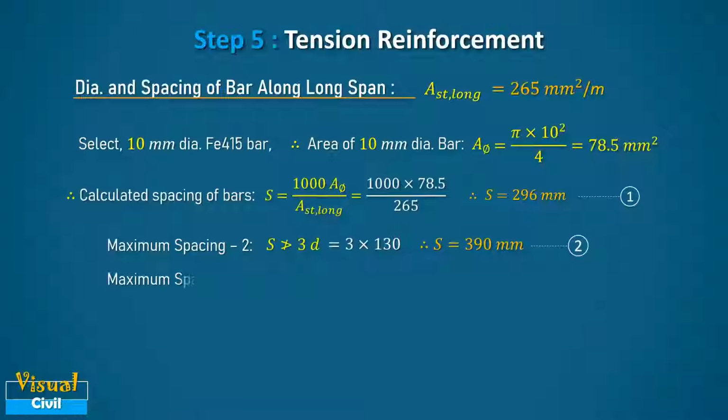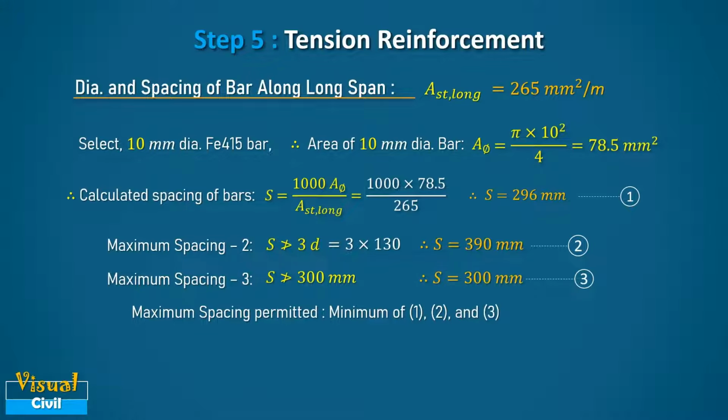And the third value of maximum allowable spacing is equal to 300 mm. Now, the maximum spacing permitted is the minimum of the first, second and third spacing, which is 296 mm. Hence, adopt the spacing of the bar as 250 mm.